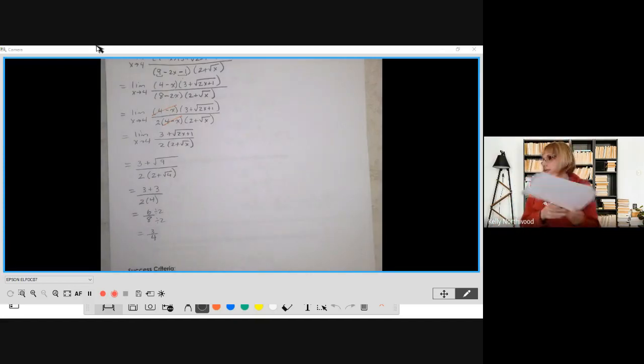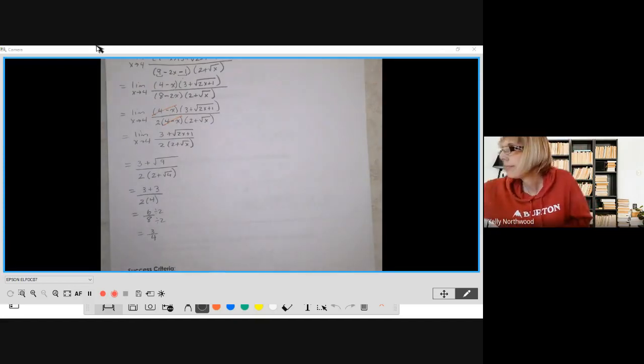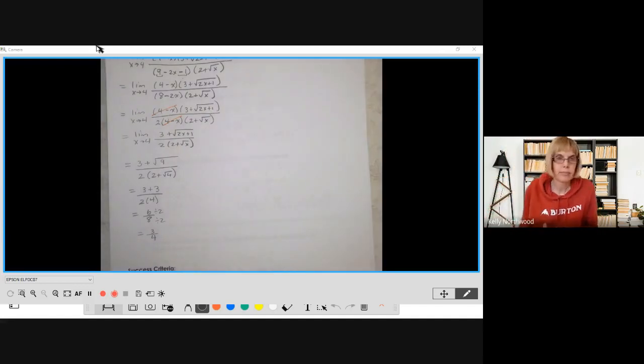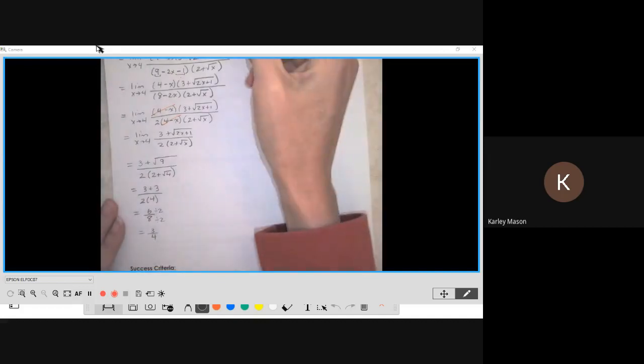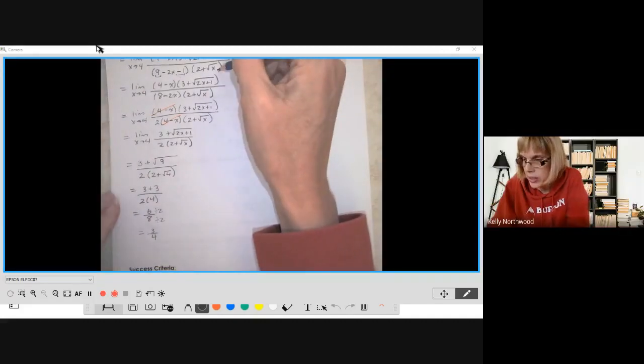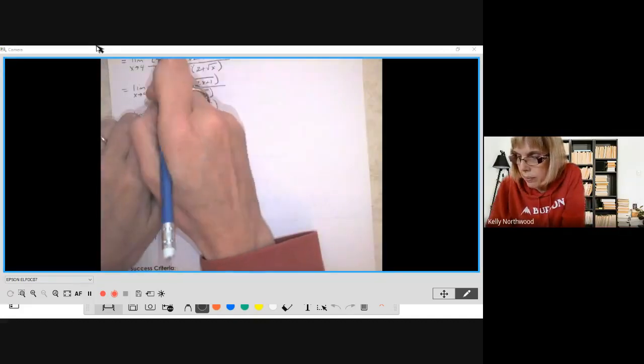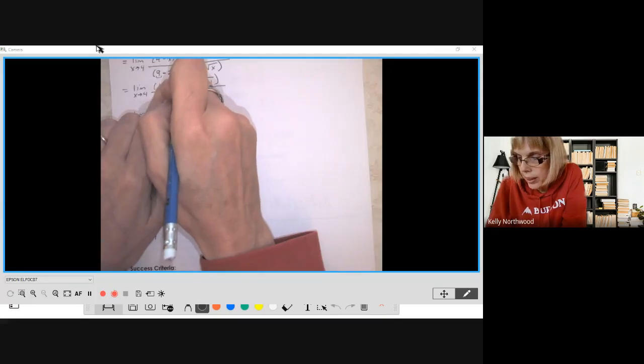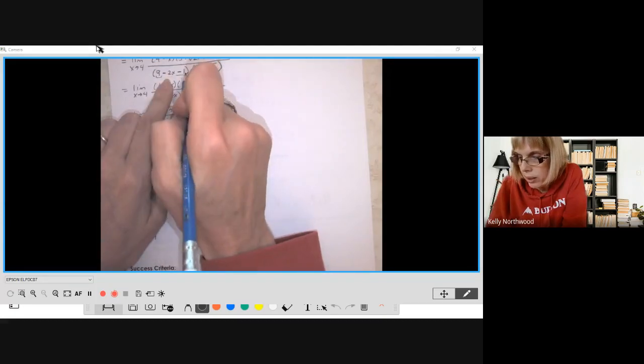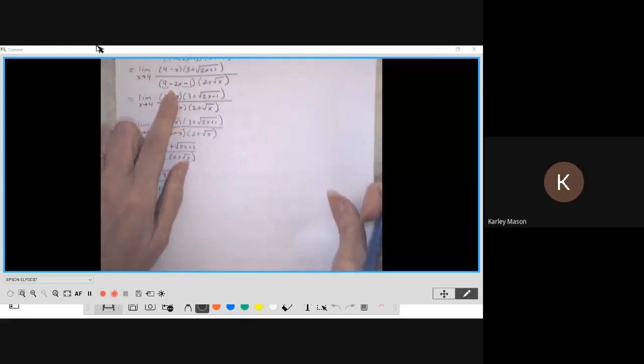Any questions about any of the steps on that one? How did you go from step 2 to step 3 in the denominator? I multiplied that -1 by the 2x and by the 1. That still doesn't make sense.